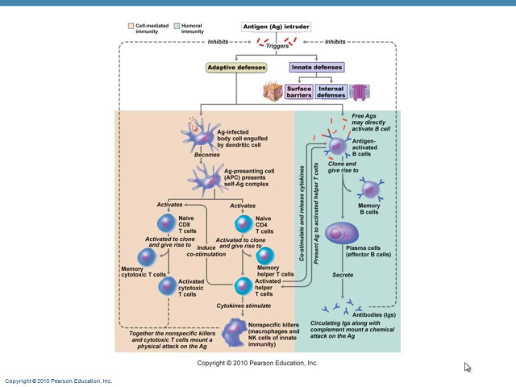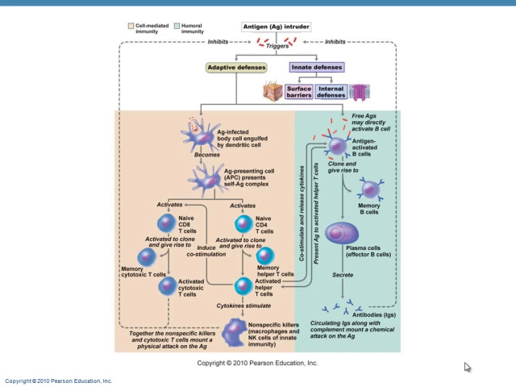So antigen-presenting cells engulf by phagocytosis. Antigen-presenting cells will then show us antigenic determinants on the surface, MHC class 1 and MHC class 2. MHC class 2 is going to communicate with who? CD4 cells. MHC class 1, CD8 cells. And everybody knows what's going to happen next. CD4 is going to get the ball rolling.